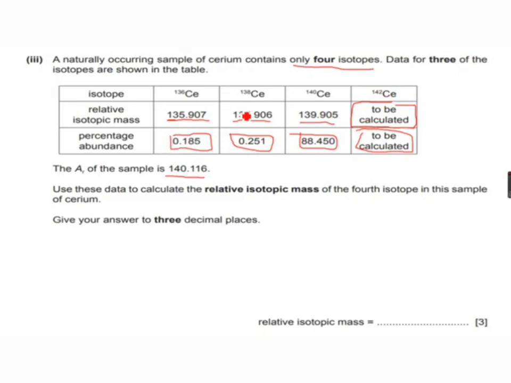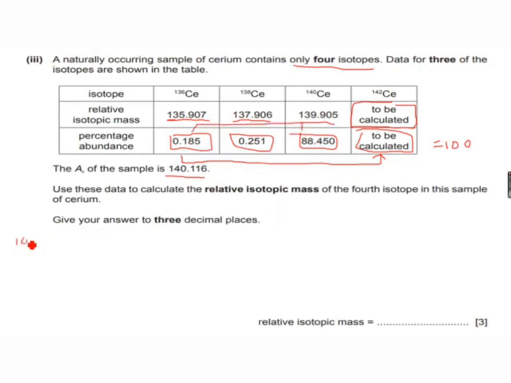So firstly, it is easy to calculate the percentage abundance because we know that the percentage abundances of all 4 isotopes when added together will be equal to 100. So I can calculate the percentage abundance of Ce-142 by subtracting these 3 from 100.